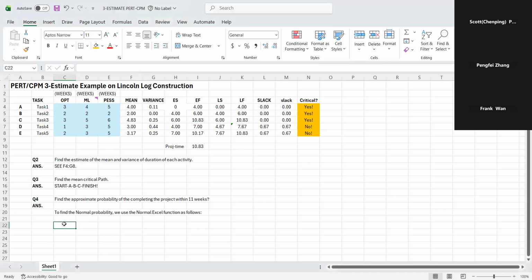First, we set up the mu. Mu is the mean project completion time, and the variance, sigma.